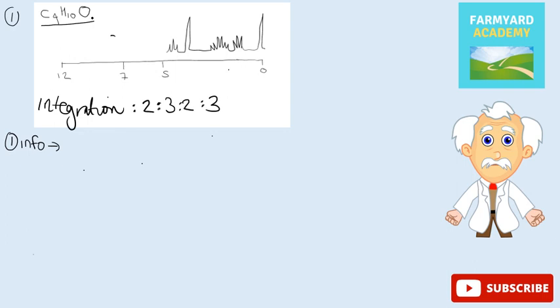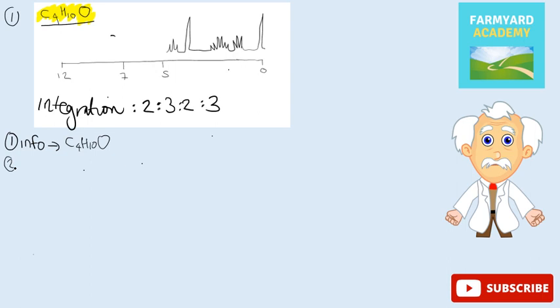As you can see, if I highlight, all they've given us is the top part here, which is the molecular formula, which comes from mass spec data. Just as an AS recap, molecular formula is the actual number of atoms, so we know that we've got 4 carbons, 10 hydrogens and 1 oxygen, and that's it. That's all the information provided in stage 1.